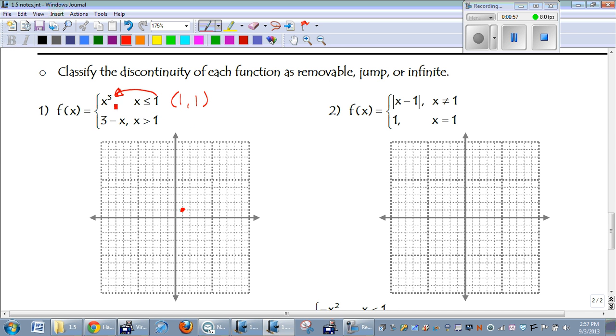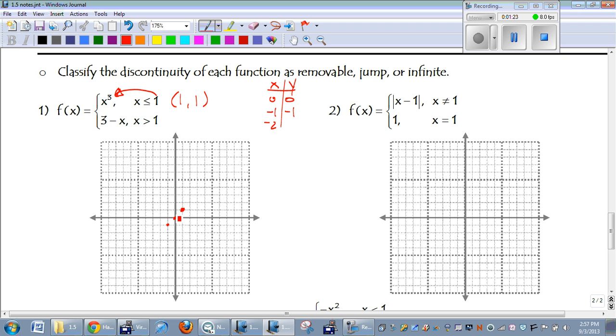So you may not be very familiar with cubic functions. We can just plug in some points. Just make a little table here. We're going to put in 0, -1, and -2, just to get a couple points to graph this. So if we put 0 into this, we get 0 out. Put -1 in, -1 cubed is -1.